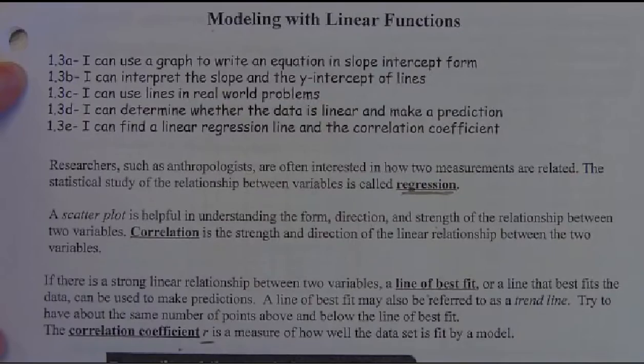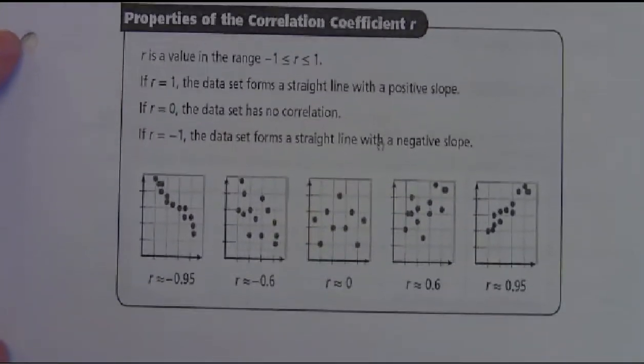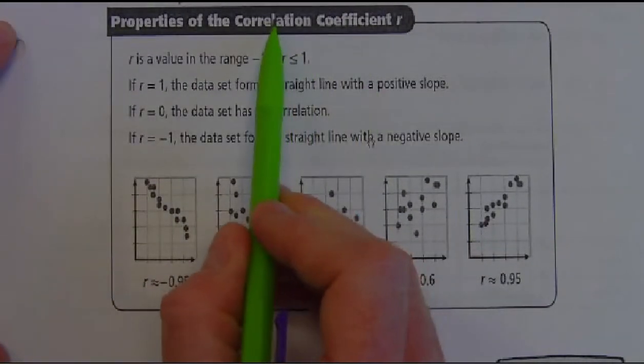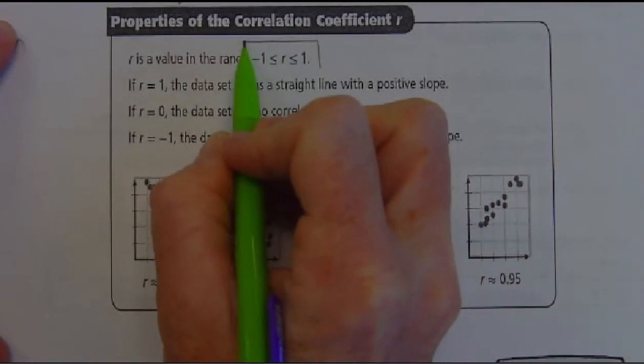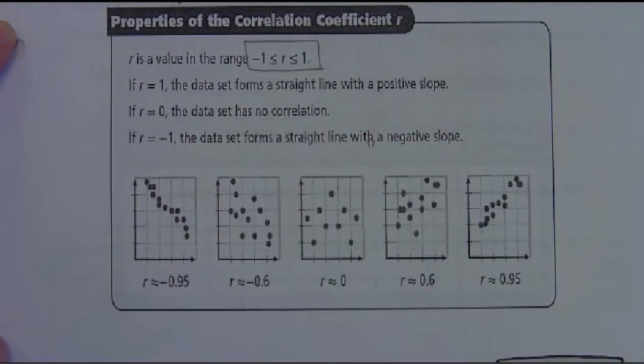There are a couple of things you need to understand about the R value. The R value is called the correlation coefficient. Every line of best fit has a correlation coefficient, and that R value is always between -1 and 1.